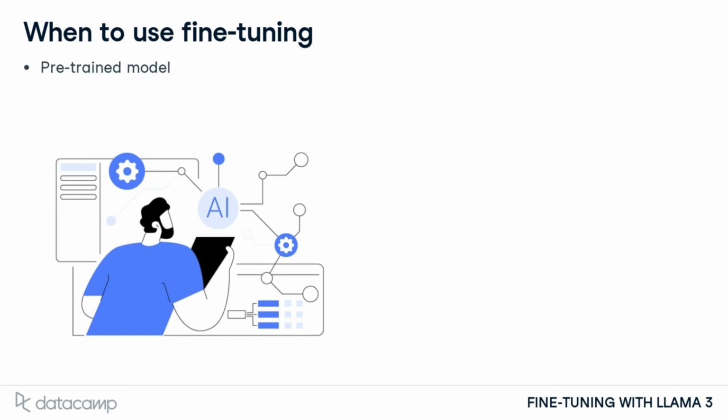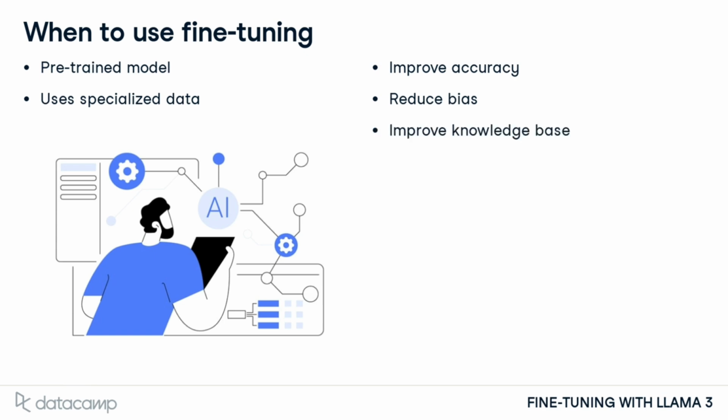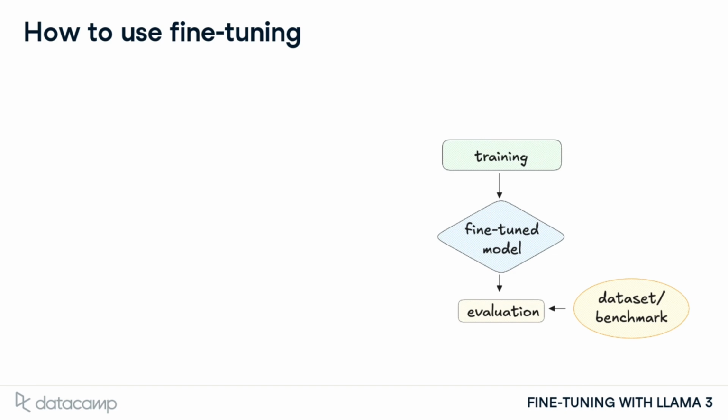Fine-tuning trains an existing model on specialized data to improve accuracy, reduce bias, and expand its knowledge base for specific tasks. The results depend on the quality of the data, the model's capacity, and how well defined the task is.